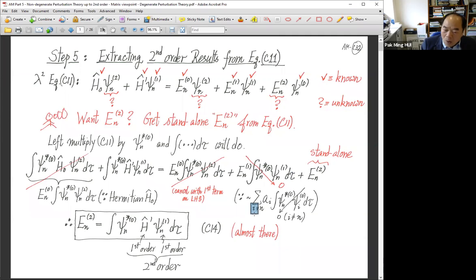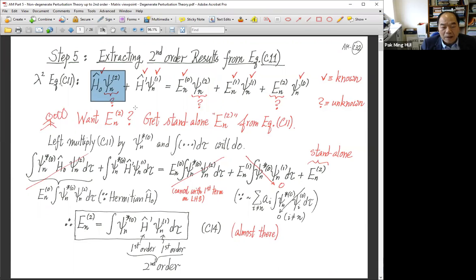It has no component of n. Therefore, every term will be 0 by orthogonal property. So this term is killed. Okay, nice. And then we have two terms remaining here and there we need to consider.